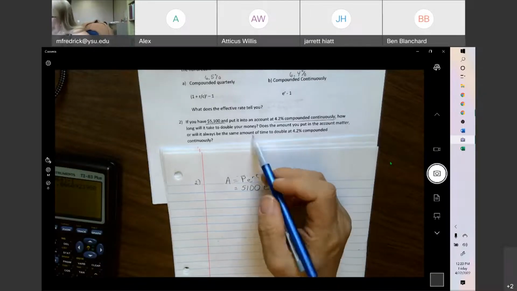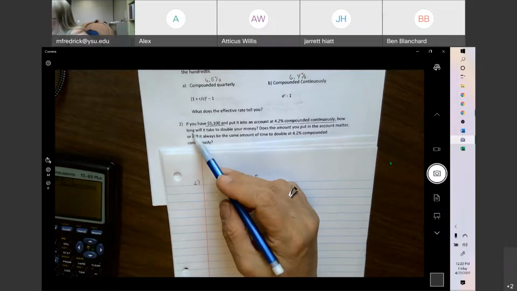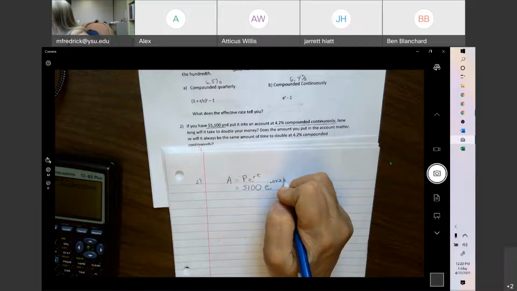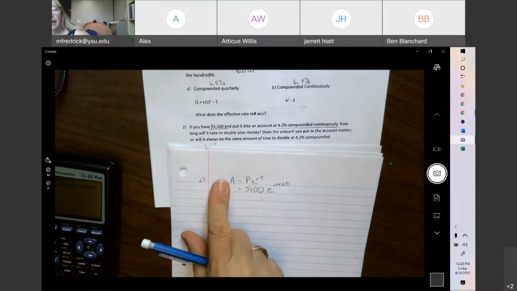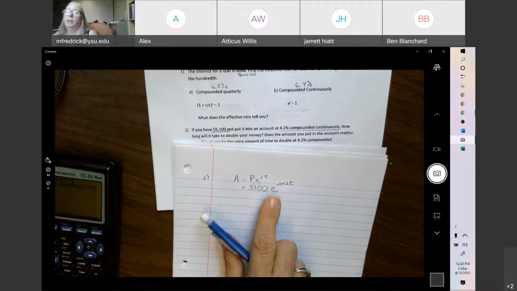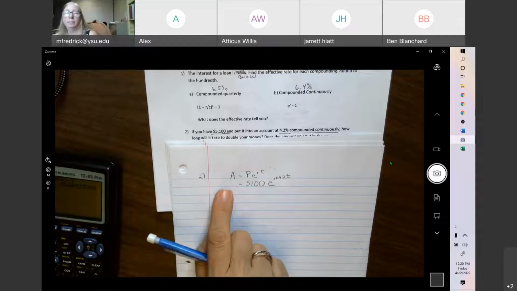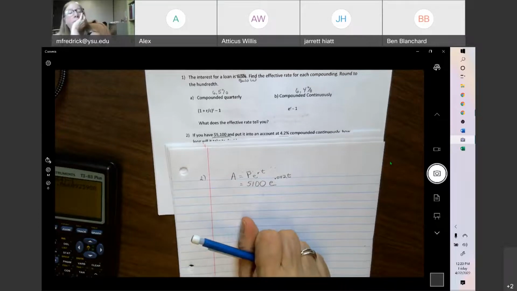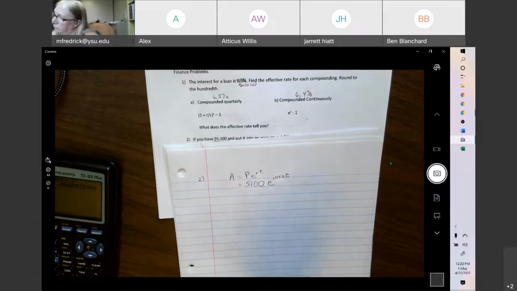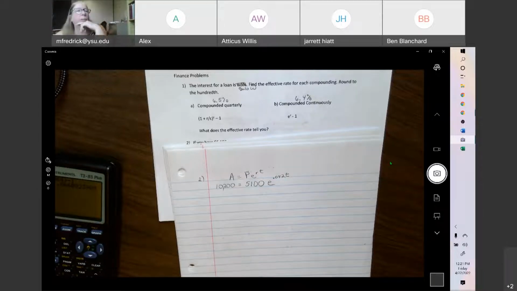We're looking for time. How long will it take? We need A. If we're looking for how long it takes to double, if we put in 5100, what's A? $10,200.